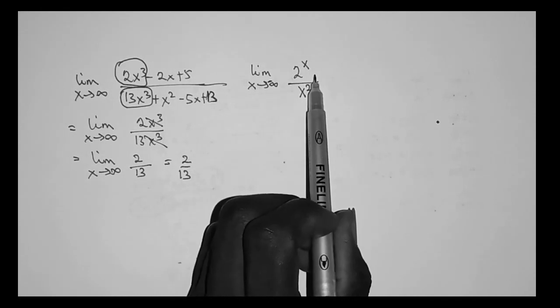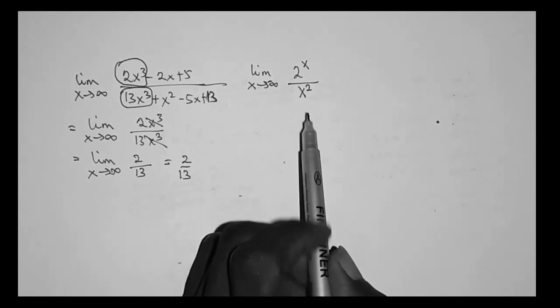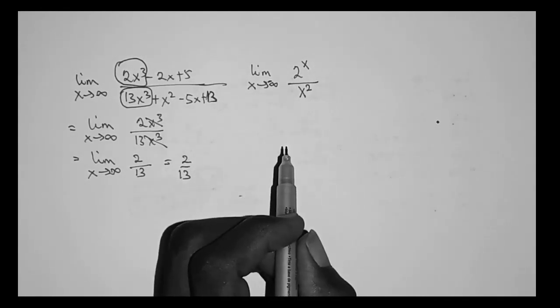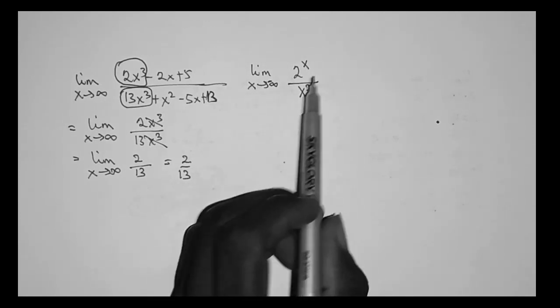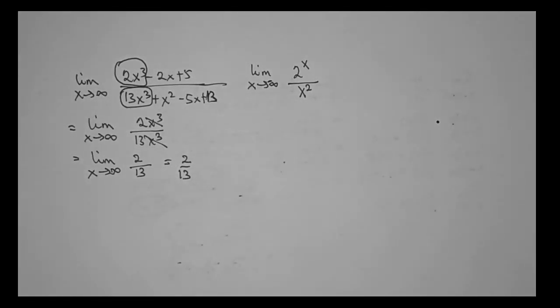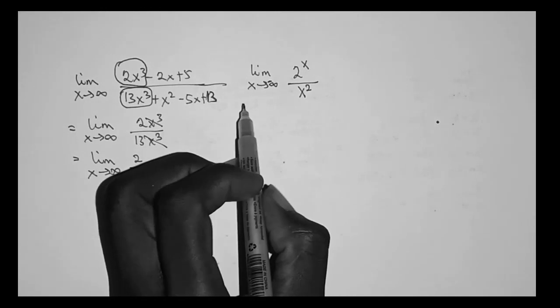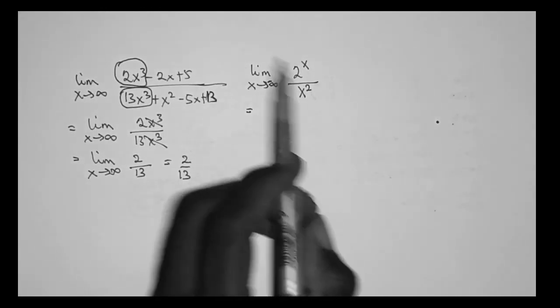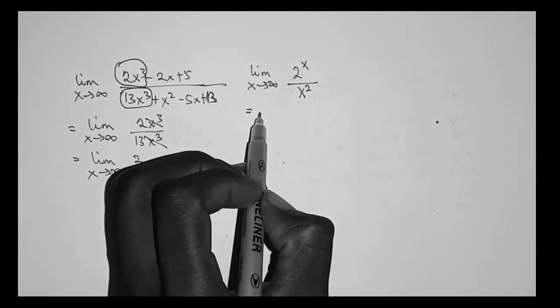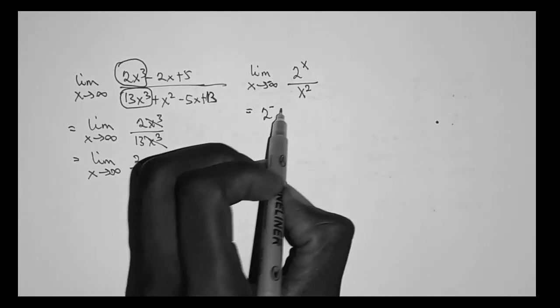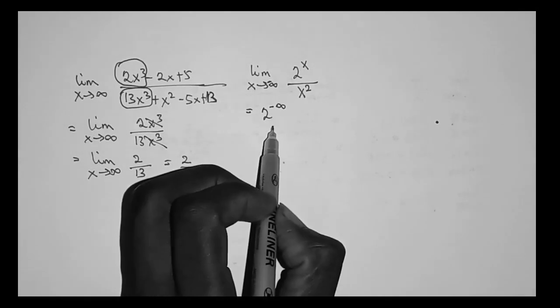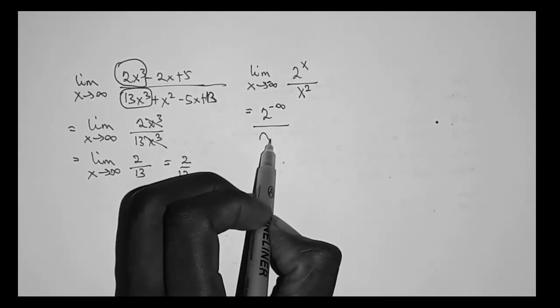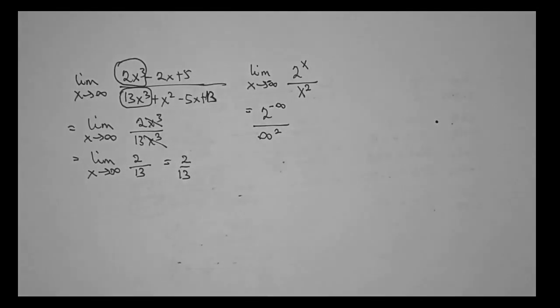Let's try substituting the limit into this equation. It will be 2 exponent minus infinity divided by infinity squared.